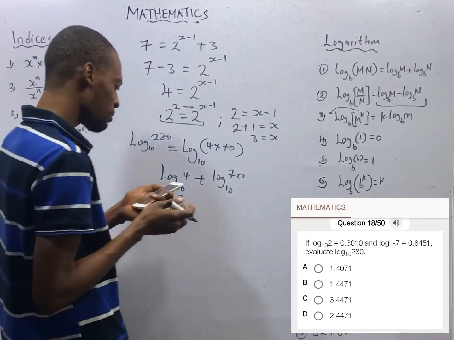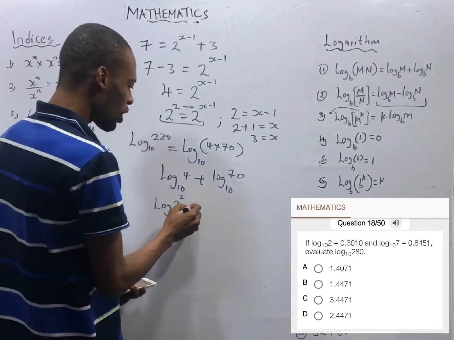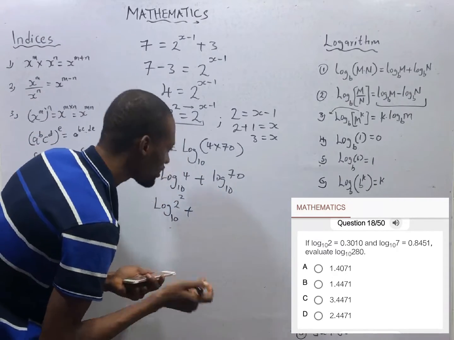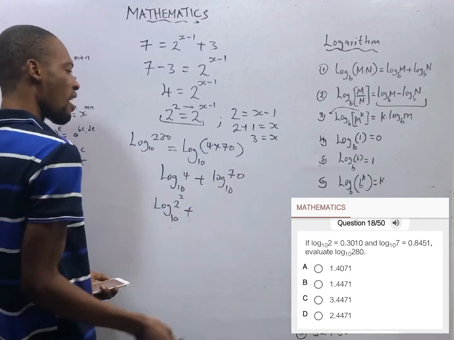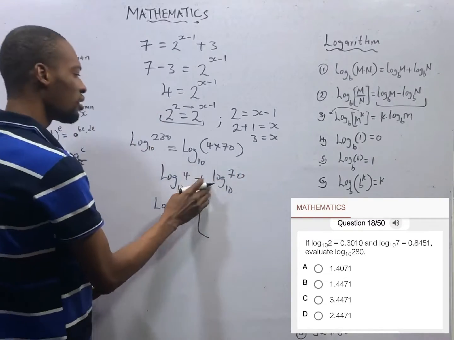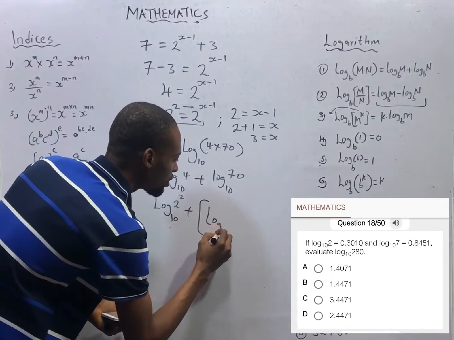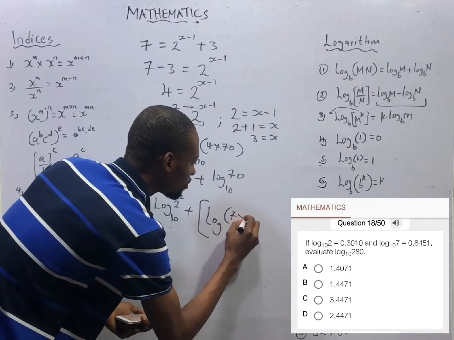You can see that we've been able to bring out log 2 with base 10. Plus, here, we cannot bring out 7 directly. We cannot say 7 raised to the power of something to give us 70. However, we know that log 70 to base 10 is the same thing as log 7 times 10.